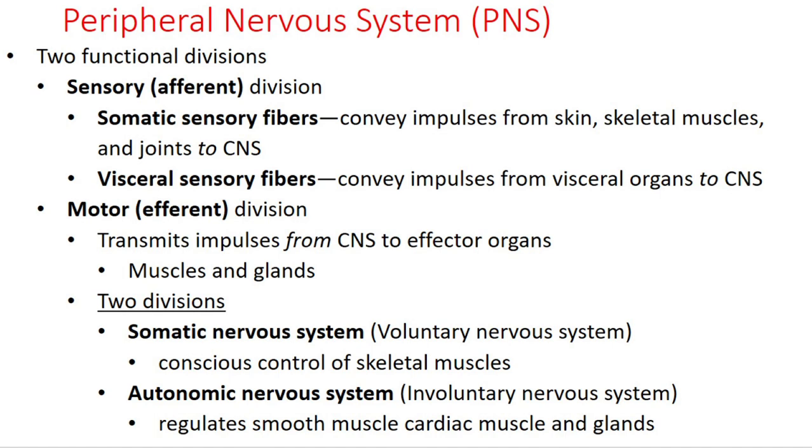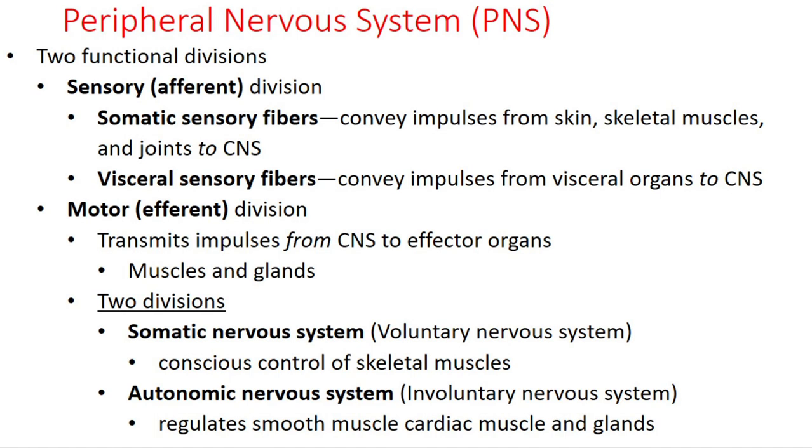There's two different parts of the motor or efferent division. You have the somatic nervous system, also known as the voluntary nervous system, and the autonomic nervous system, also known as the involuntary nervous system. Conveniently, the somatic nervous system, which is going to control skeletal muscles that move your body, uses soma, which means body.